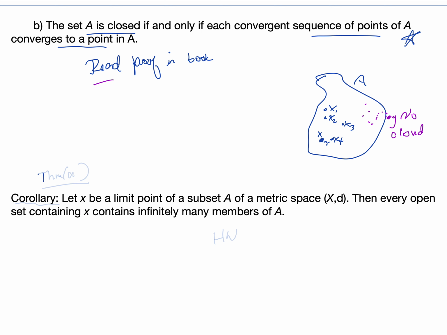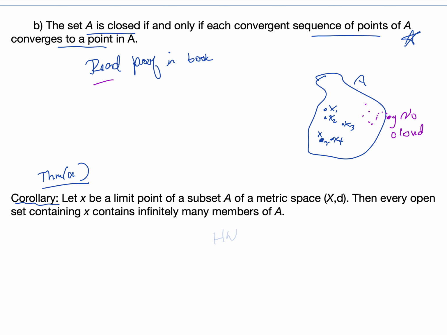A corollary to part A of the theorem above is the following. Let x be a limit point of a subset A of the metric space (X, d). Then every open set containing x contains infinitely many members of A. The term corollary means that it's a statement that follows fairly quickly from a previous result.